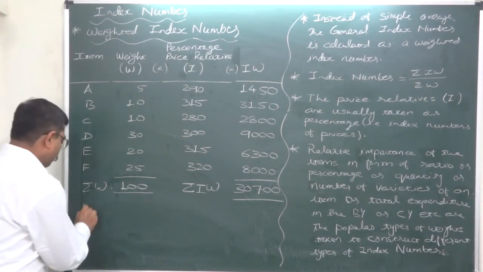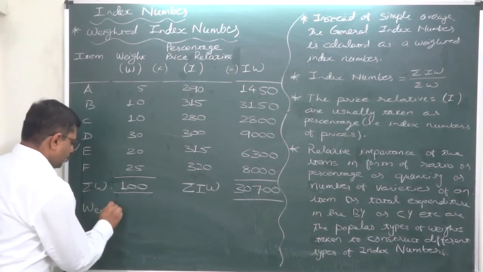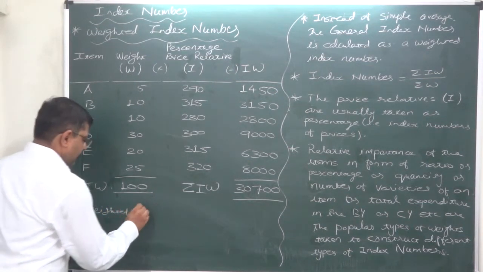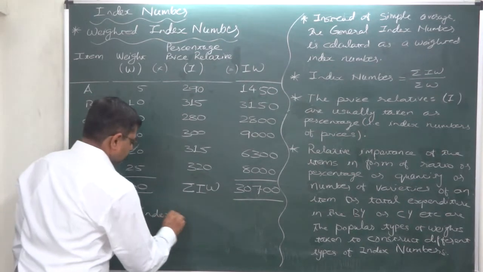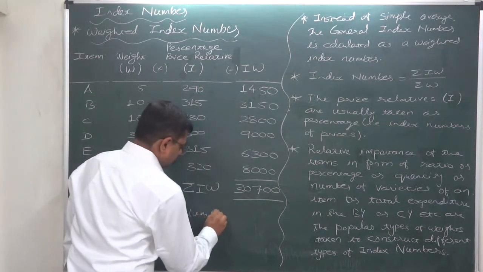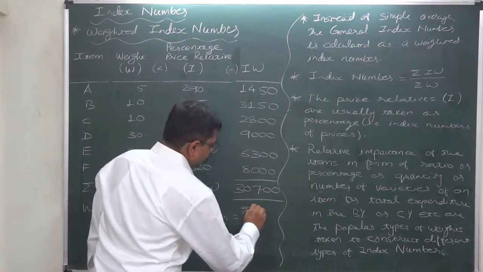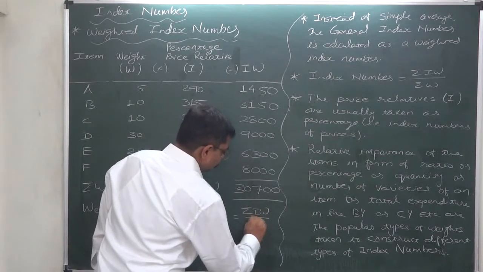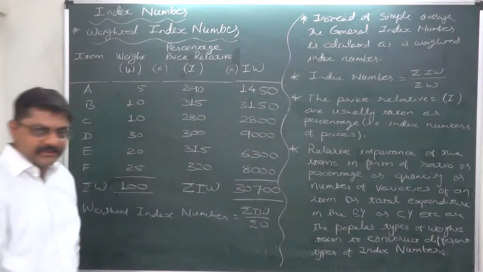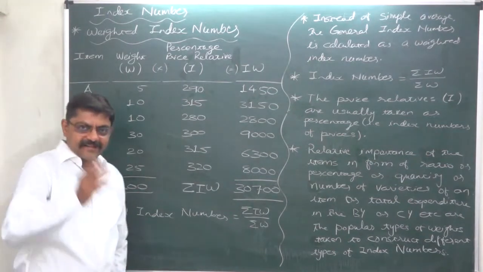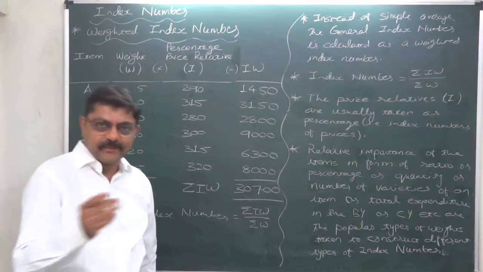So now we can calculate the weighted index number equals sigma IW upon sigma W. On the basis of this formula, I want to share a very small experience of mine.